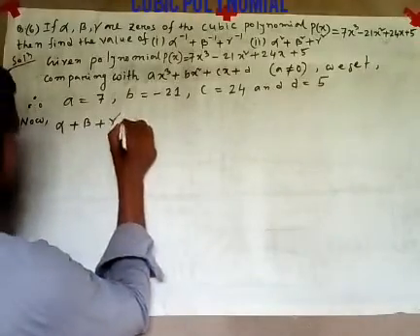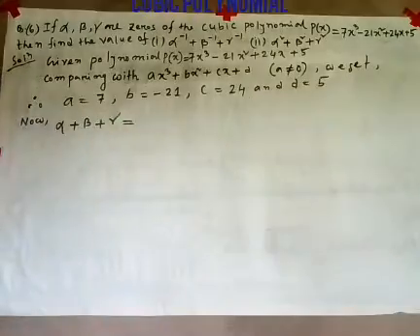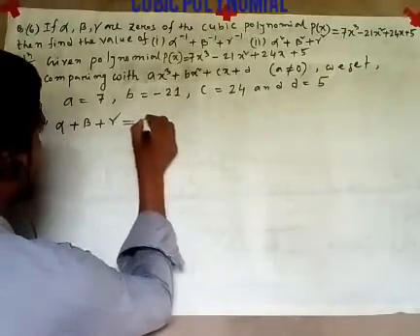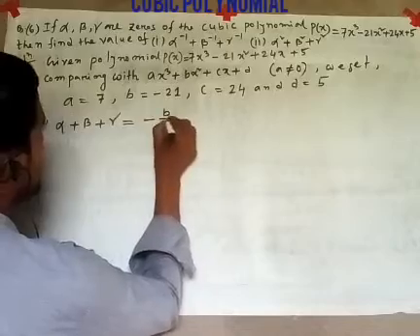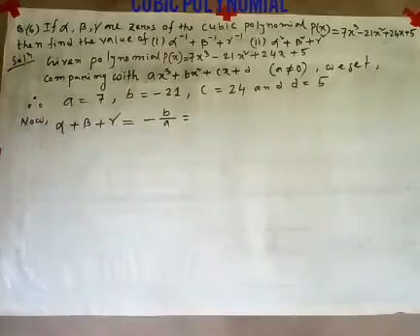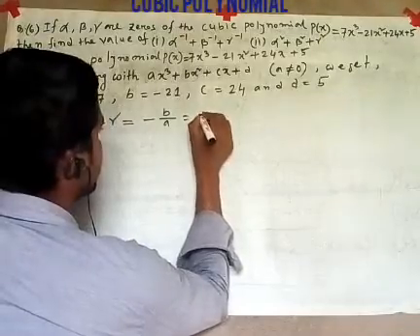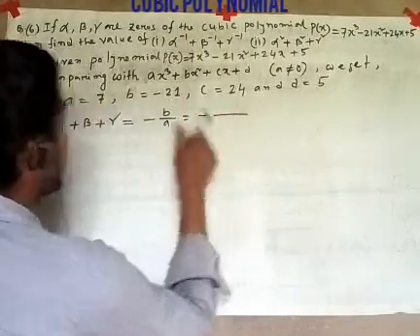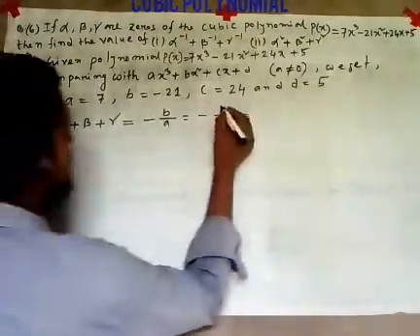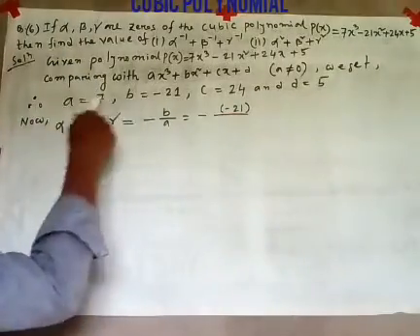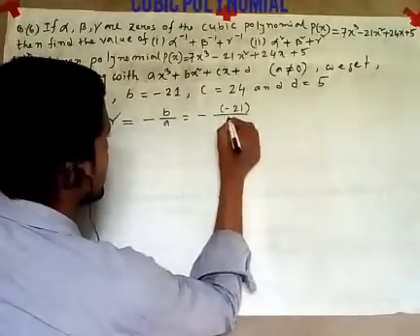The formula is minus b by a. b value is minus 21, a value is 7.